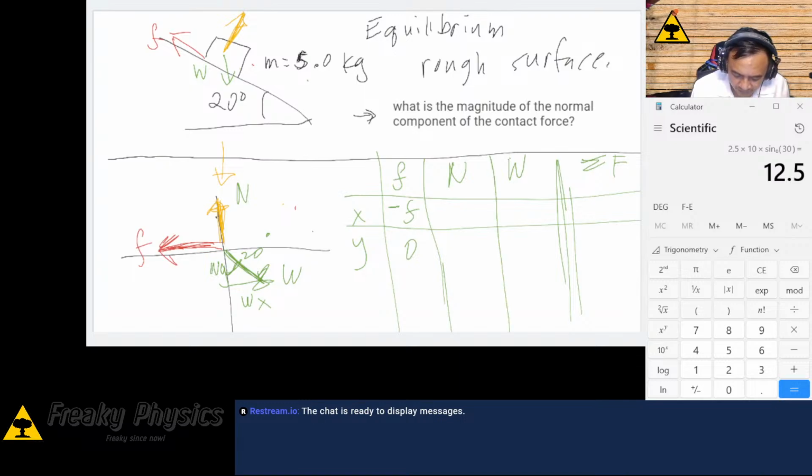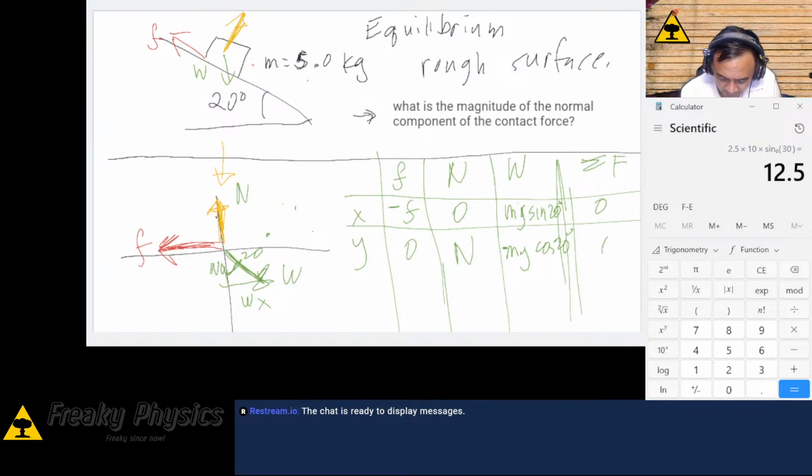Then for N, it's going to be 0 for X, and then N. And then for W, I'm just going to write mg. So that's going to be mg sine of 20 degrees. And this is going to be mg for y cosine 20 degrees, negative because it's going down.